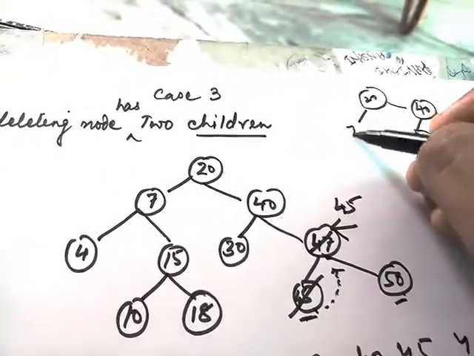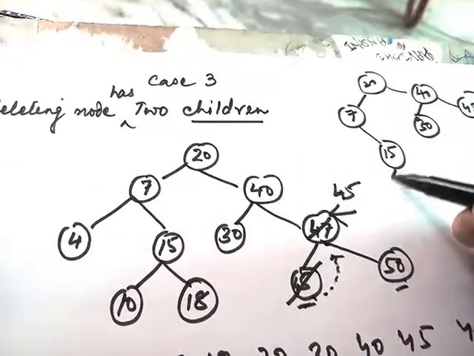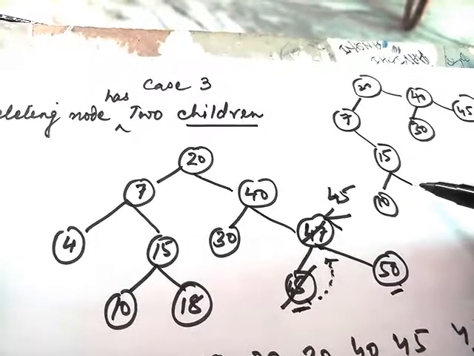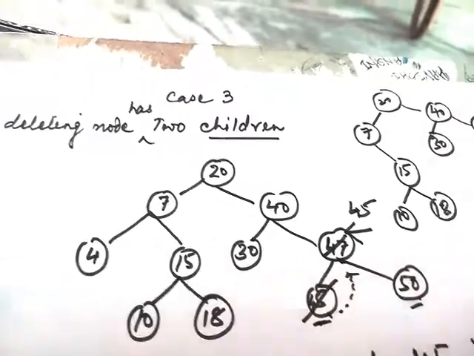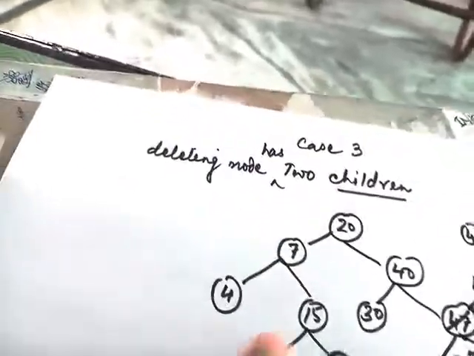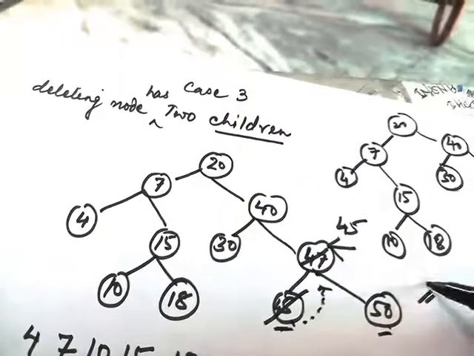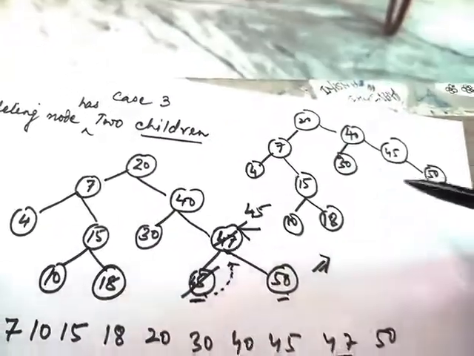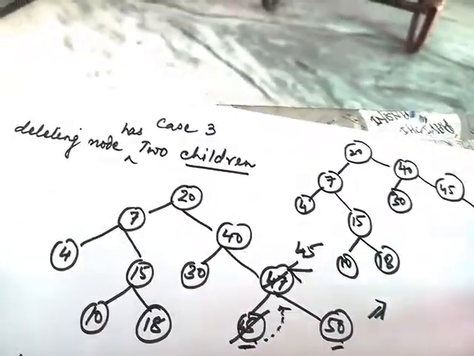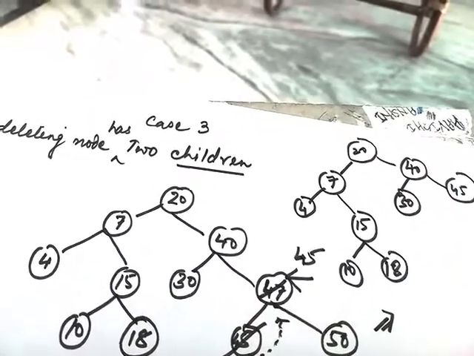Now the left subtree remains the same: 7, 15, 10, 18 and then again 4. So this is the resultant tree. As you can see, after deletion it should maintain the property of BST and still it is a BST. So this is the basic idea of this.